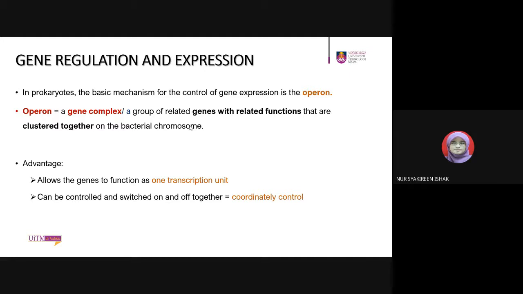Although there are three different genes, they code for different enzymes. But to produce these three different enzymes, the bacterial cell only needs to produce one mRNA transcript, not three mRNA transcripts for the three structural genes. Only one mRNA transcript will be produced. Do you see this? One transcription unit. So this allows the genes to function as one transcription unit. They are clustered together.